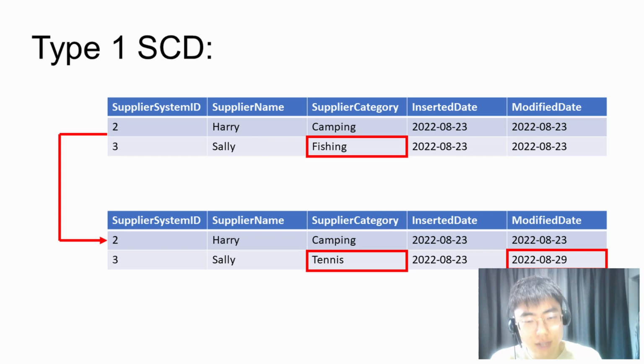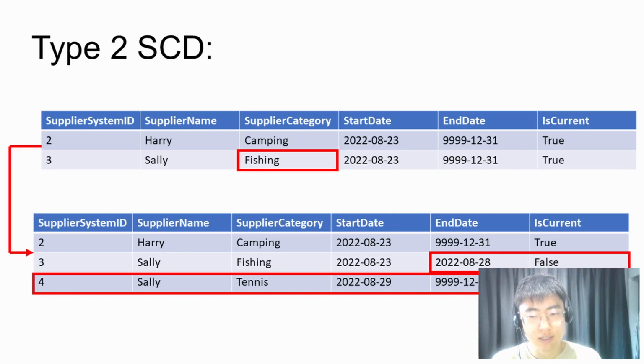Looking at the type 2 SCD, we can see that it has new columns compared to type 1 SCD. We have the start date, end date, and its current column. Start date and end date indicate when the given information on the row is effective. Currently it started being effective from the 23rd of August to basically forever for now.